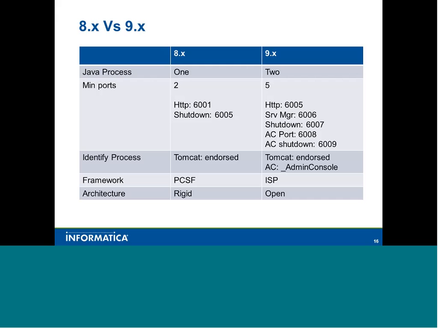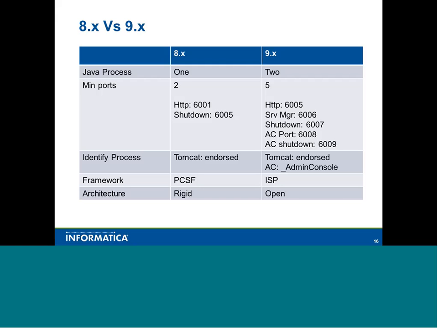The minimum number of ports in 8.x was only 2: one for HTTP and the shutdown port for Tomcat, because we were handling everything. The additional optional port you could have was for HTTPS. But starting 9.x, we need a minimum of 5 ports to start up, because we need one for HTTP, then the internal JSF or service manager port, which is usually HTTP port +1, so these are the defaults.